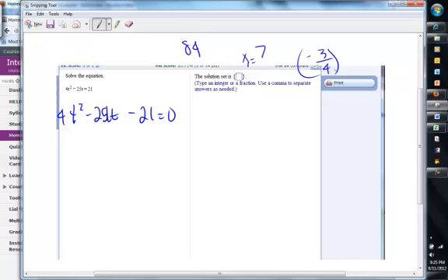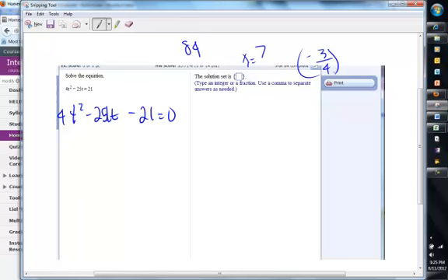Let's see. 7 times, what's 25 more than 7? Let's try 4 and 21 adds up to 25. 4 times 21 is not 84.